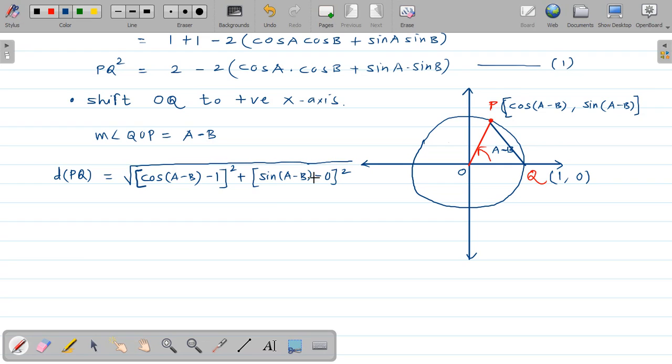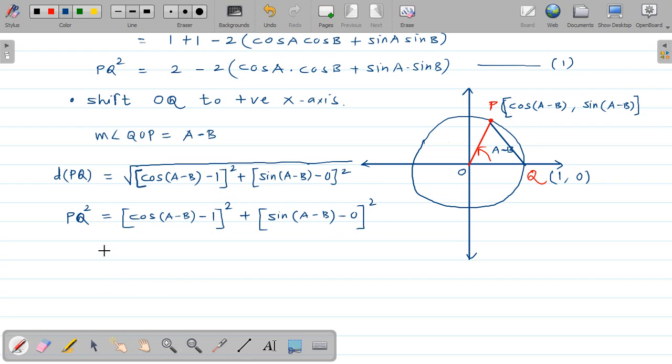See, the difference between x coordinates squared plus the difference between y coordinates squared. Now take the square on both sides, so we get PQ square is equal to (cos(A minus B) minus 1) whole square plus (sin(A minus B) minus 0) whole square.